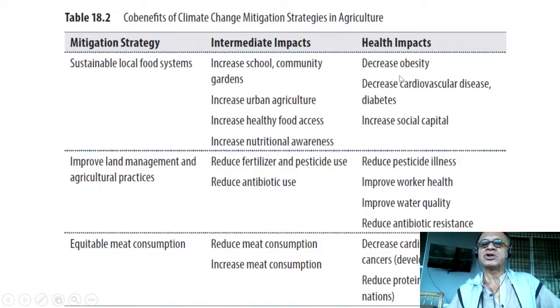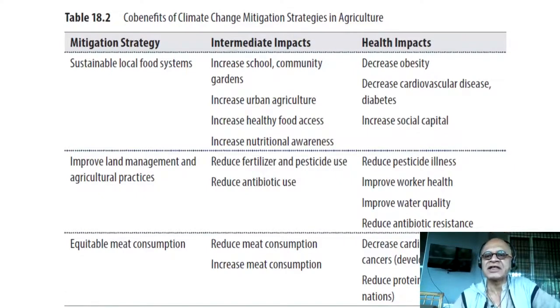Health impacts include decreased obesity, decreased cardiovascular diseases and diabetes, increased social capital. So China and India, for example, and even the US are now seeing increased type 2 diabetes, which is related often to physical activities and diets.